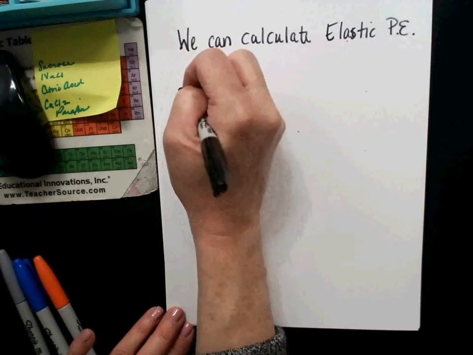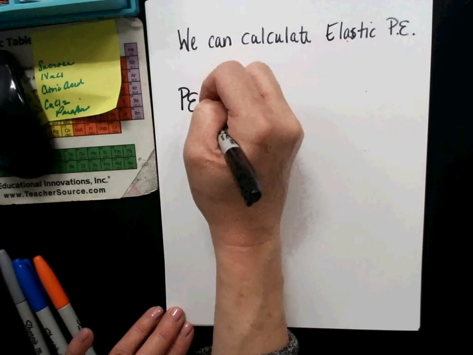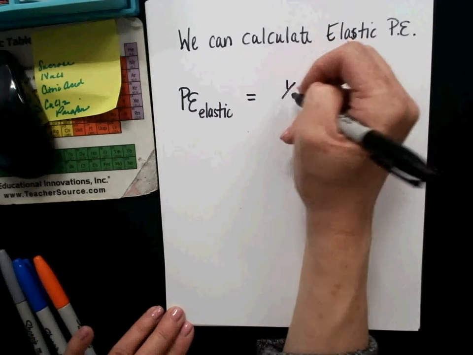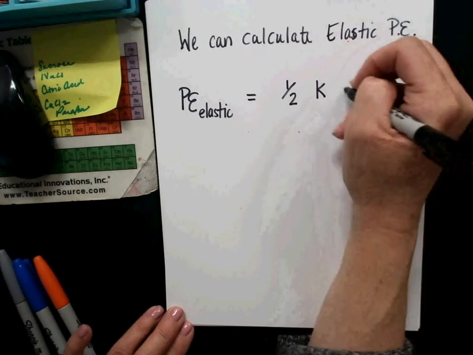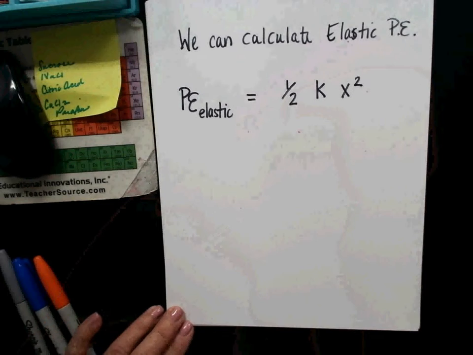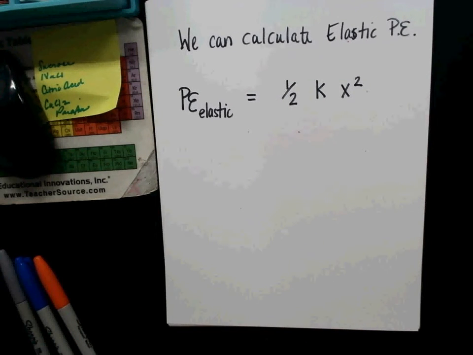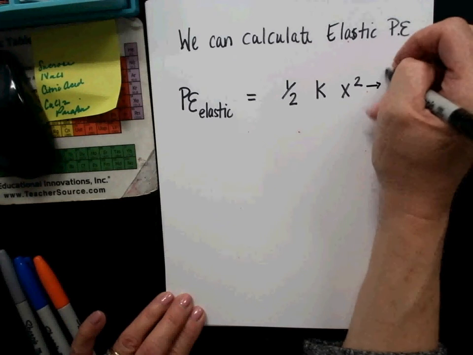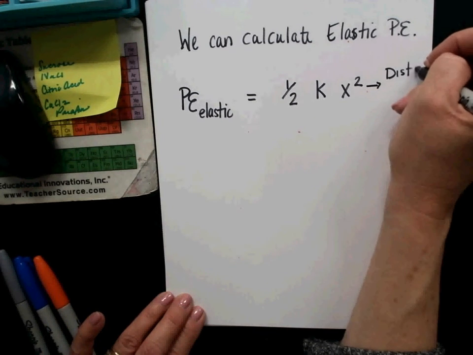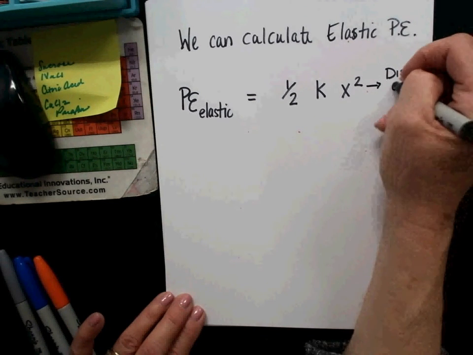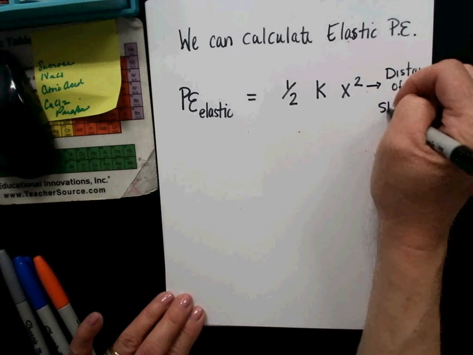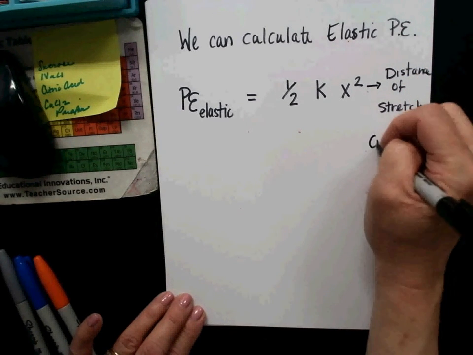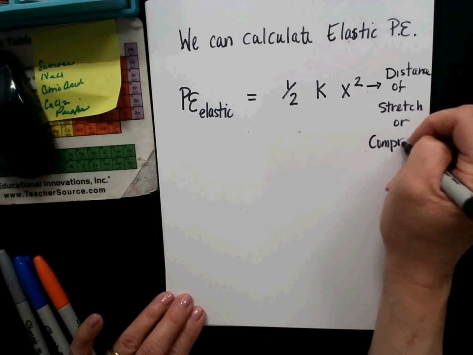We write it like this: PE elastic is equal to 1/2 K times x squared. Here, x is the distance of stretch or compression.